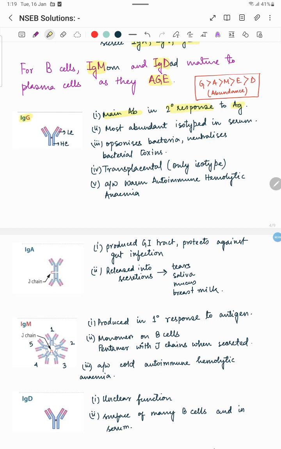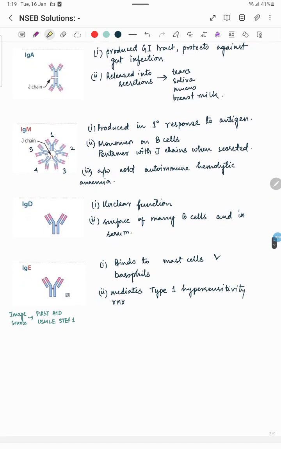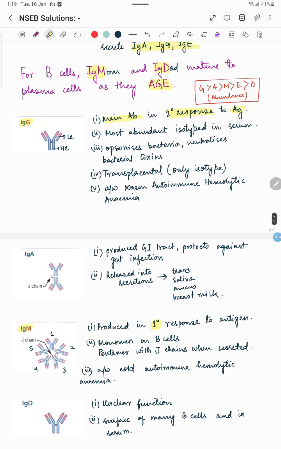Suppose there is an antigen, then the primary response will be from IgM, and the secondary response will be given by IgG. It is the most abundant isotype in the serum. It opsonizes bacteria and neutralizes bacterial toxins. It is transplacental, the only immunoglobulin which crosses from mother to baby.